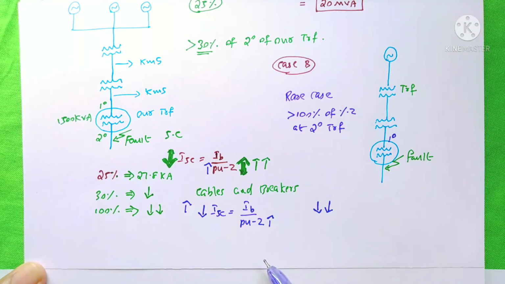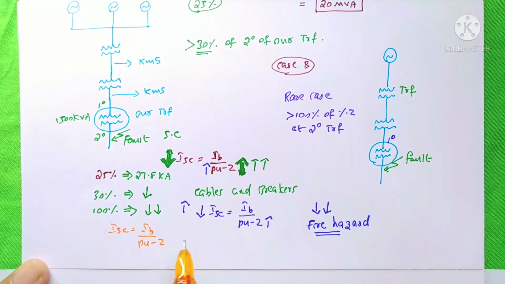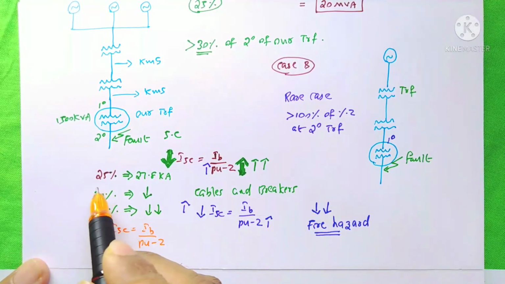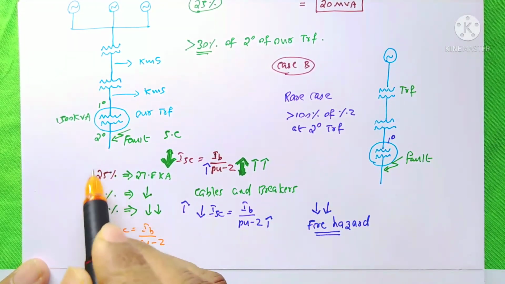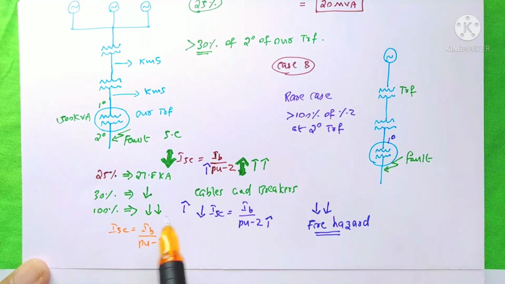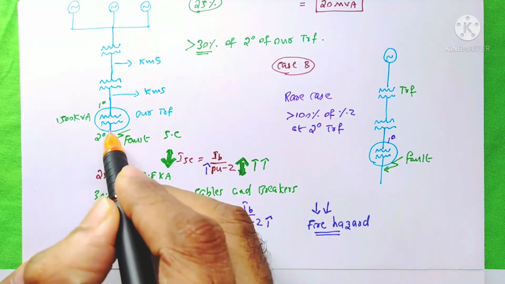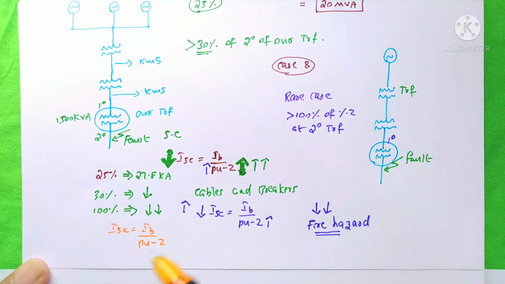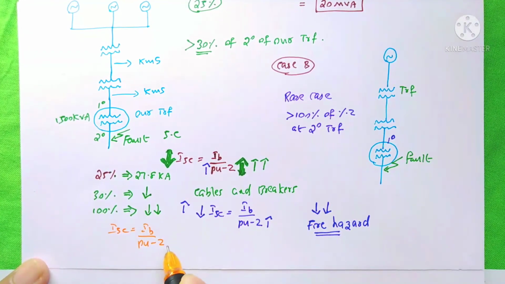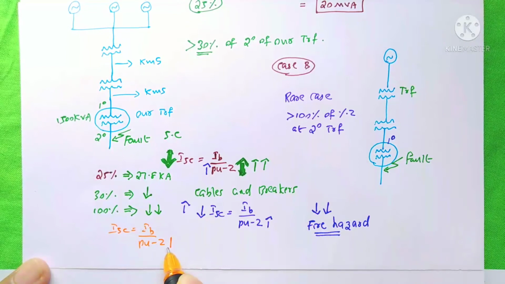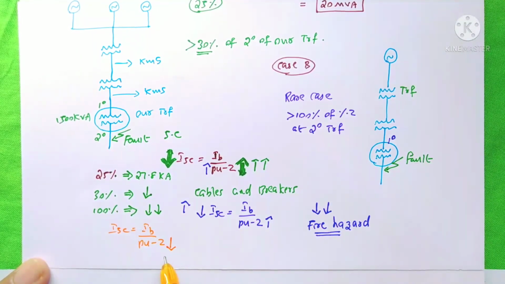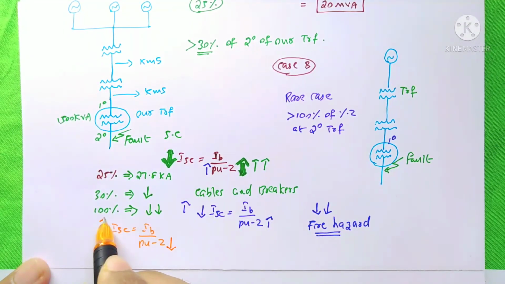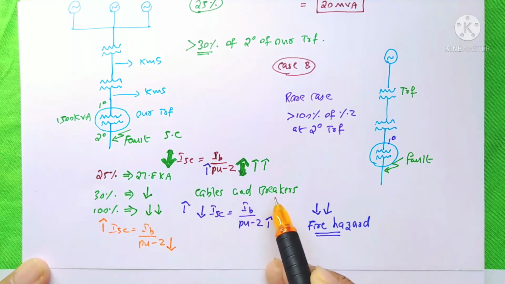What happens if you don't consider any extra per unit impedance? That means you are not considering even this 25%. You are only considering the per unit impedance at the secondary for your short circuit calculation. At this time, you are considering a very small per unit impedance, right? And due to that, the short circuit capacity of your system will be increased. And for this increased short circuit capacity, you will size your cables and breakers.